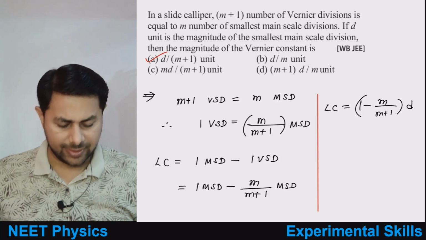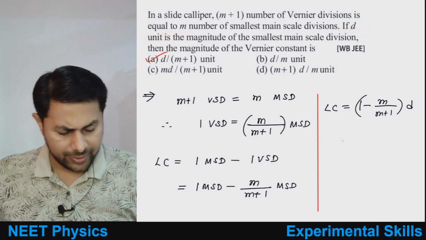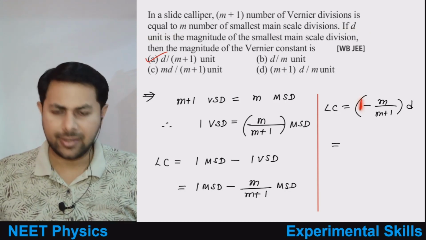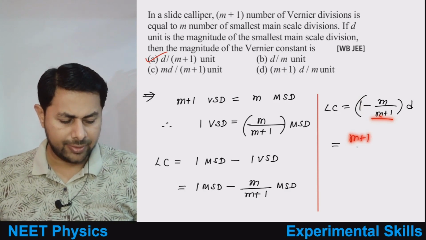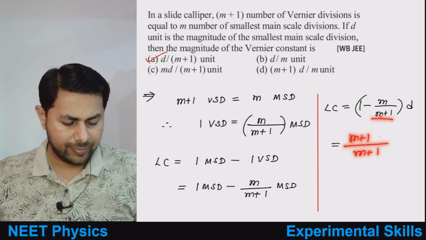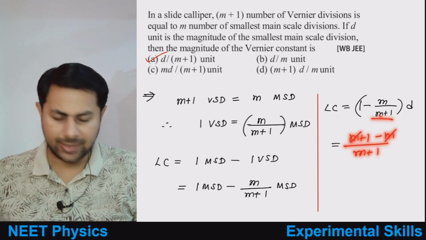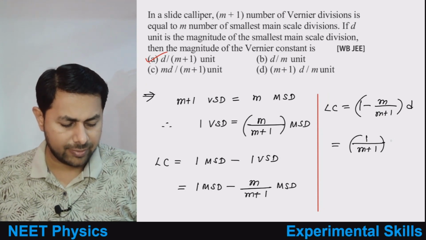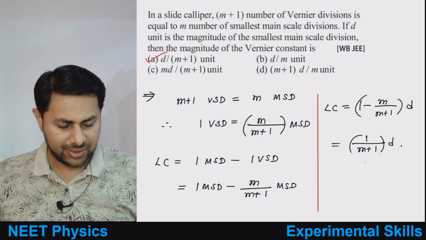It is D, 1 main scale division is equal to D. Then just solve this. Multiply and divide this 1 by m plus 1. So you have m plus 1 divided by m plus 1 minus m. The m minus m gets cancelled out. So what do you get? 1 divided by m plus 1 times D. That's the answer. Is this clear? Tell me.